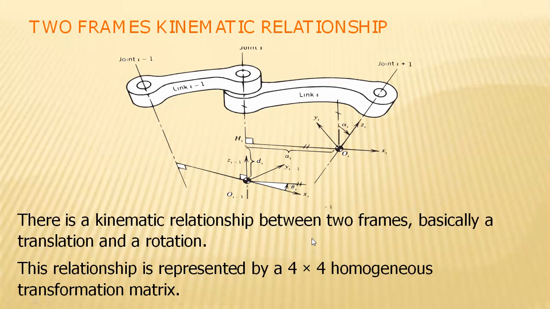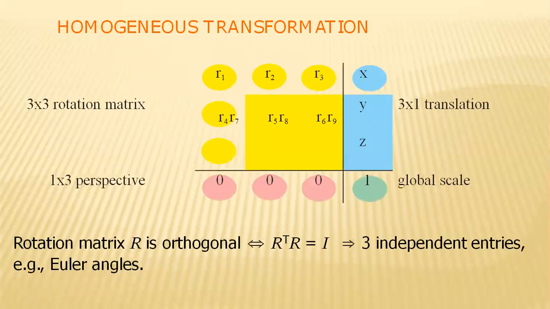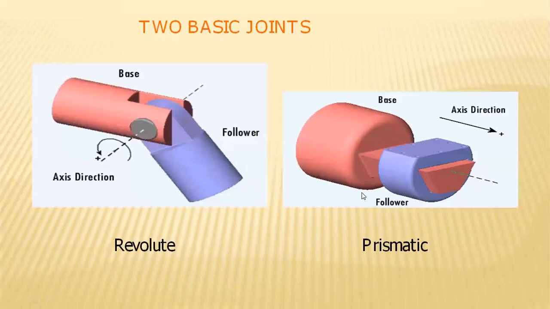Consider the 3x3 rotational matrix of coordinate axes x, y, z, towards any one transformation or translation, and the global scale unit, where 0, 0, 0 and 1 represent the identity.